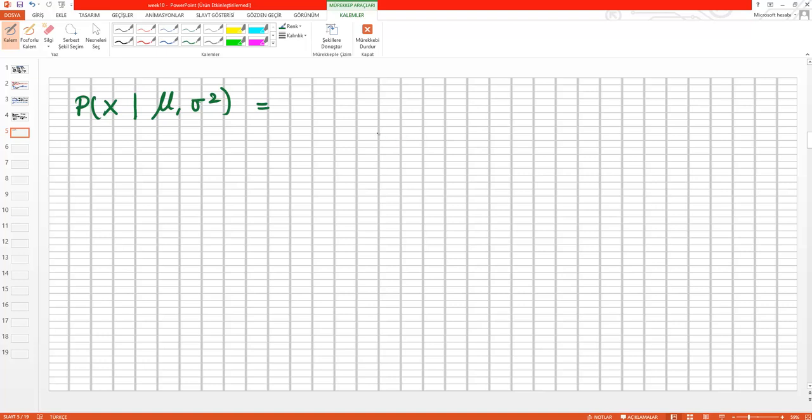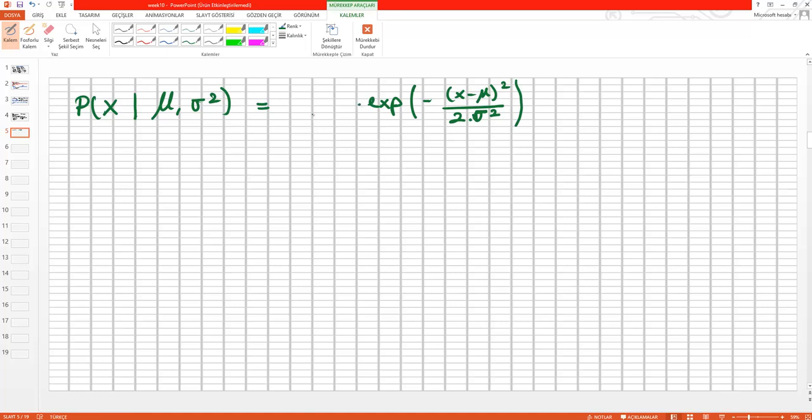Always this value must be greater than 0, and the summation of all the values must be equal to 1. So we should give the exponential curve like this, with (x minus mu) squared divided by 2 sigma squared.